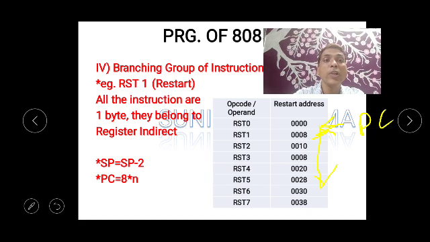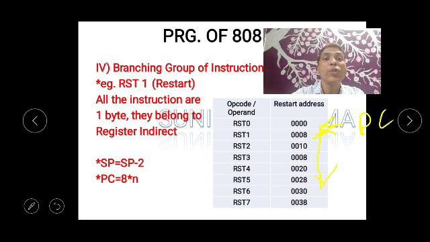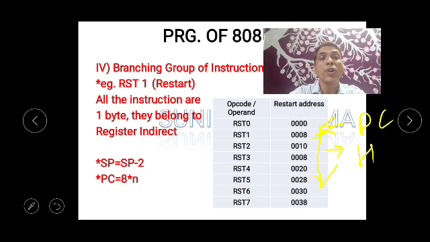Now how they calculate this address is very simple. 1 into 8 is 8, but what is 2 into 8? 2 into 8 is 16, but this is in hexadecimal numbers, so I think everyone knows how to write 16 in hexadecimal, that is 10. Remember, 8 3s are 24.